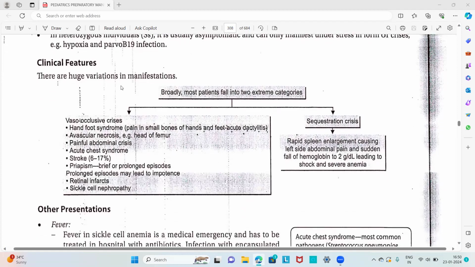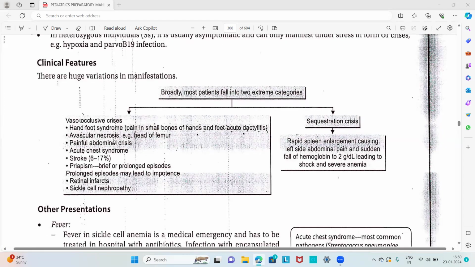Then, about the clinical features, there are huge variations in the manifestation of sickle cell disease. Broadly, most patients fall into two extreme categories: the first is the vaso-occlusive crisis, and the second is the sequestration crisis. In the vaso-occlusive crisis, there will be hand-foot syndrome, that is pain in the small bones of the hands and feet, acute dactylitis.